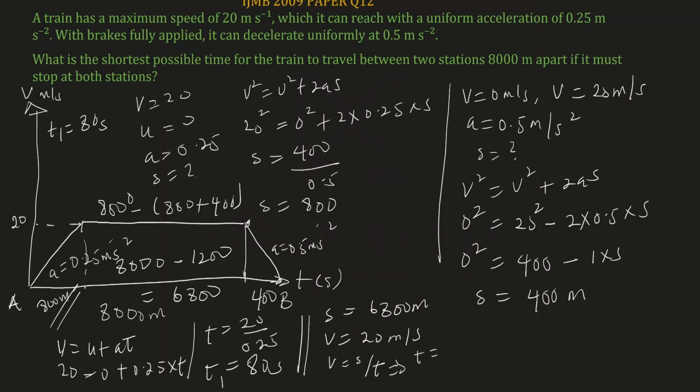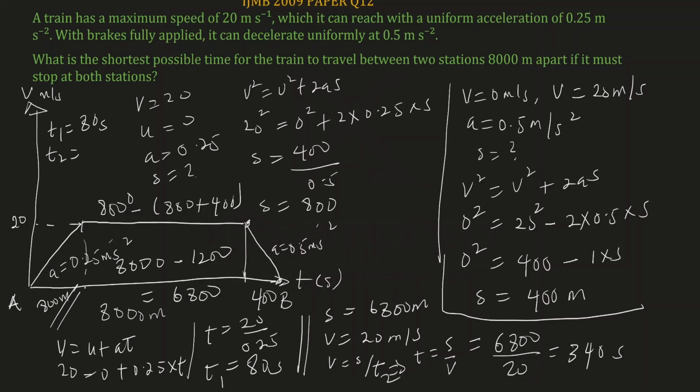Time will be distance over velocity, and since the distance is 6,800 and velocity is 20, 6,800 over 20 is equal to 340 seconds. So I'll call that t2. So t2 is equal to 340 seconds.